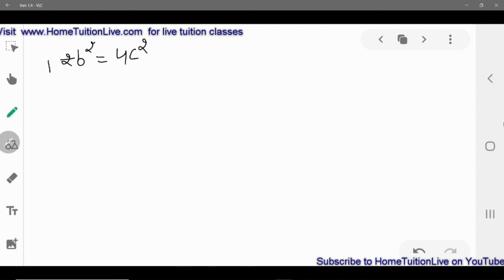2 ones are 2, 2 twos are 4. So b square is equal to 2c square. And from this side you can see that 2 divides b square.